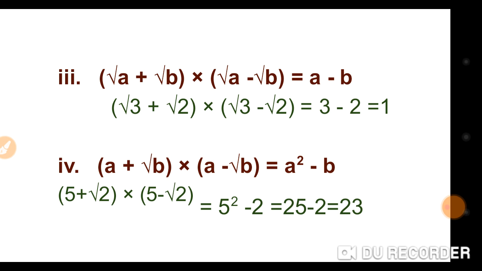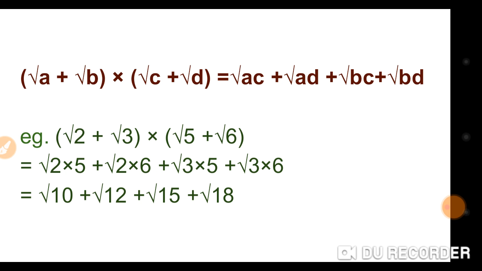Third identity, root a plus root b multiplied by root a minus root b, the result is a minus b. By using these identities, you can easily solve questions based on real numbers. In the fourth identity, a plus root b multiplied by a minus root b, we get a square minus b. An example is also given.